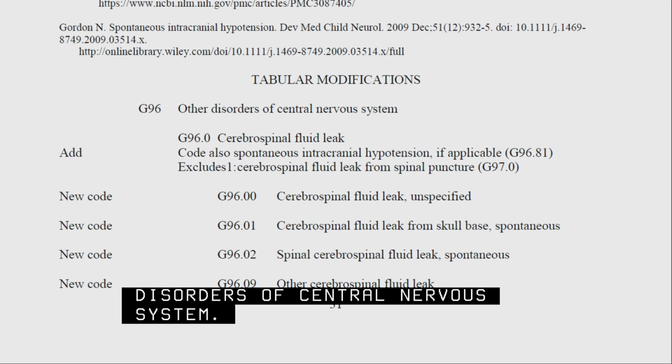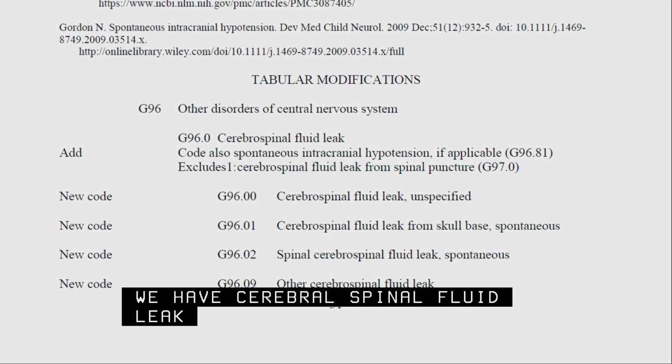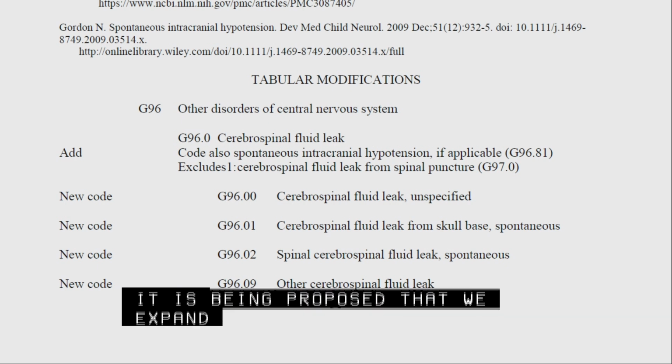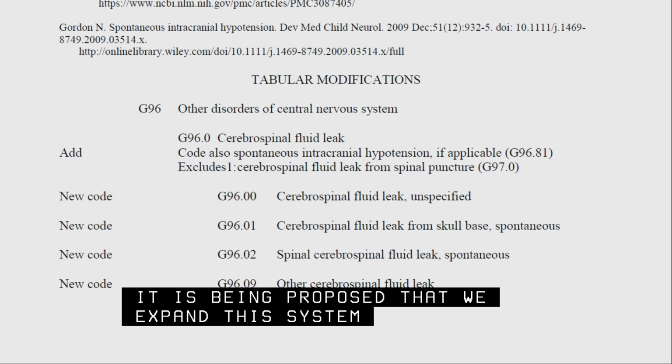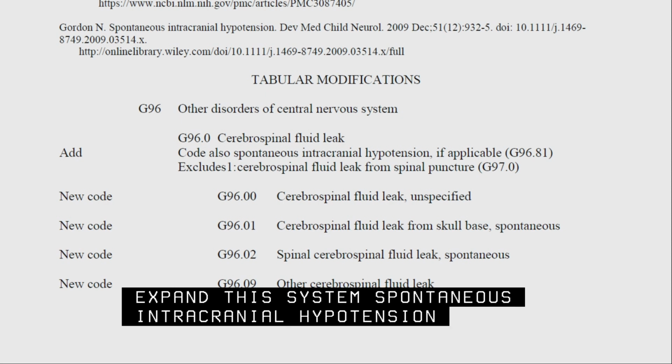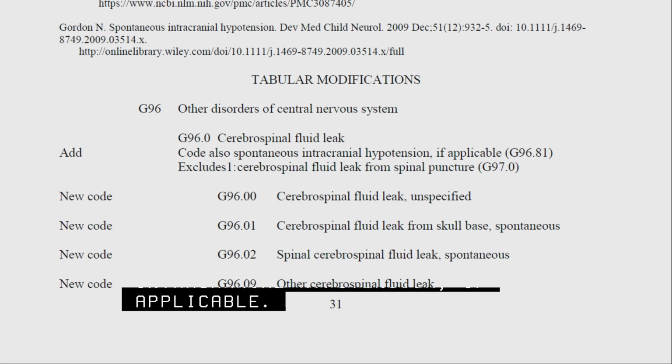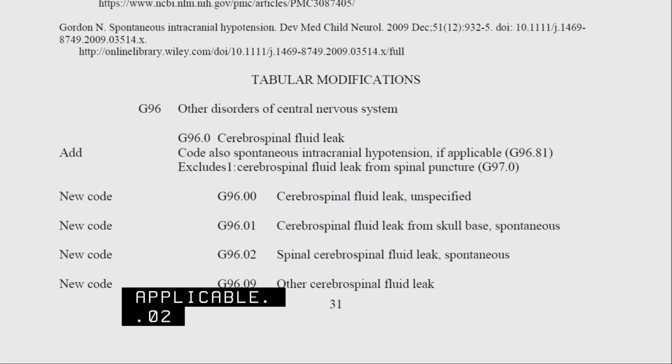It's being proposed that we expand this, that we add a code also note, code also spontaneous intracranial hypotension if applicable, and add new codes: G96.00 for cerebrospinal fluid leak, unspecified; G96.01 for CSF leak from skull base, spontaneous; G96.02 for spinal CSF leak, spontaneous; and G96.09 for other cerebrospinal fluid leak.